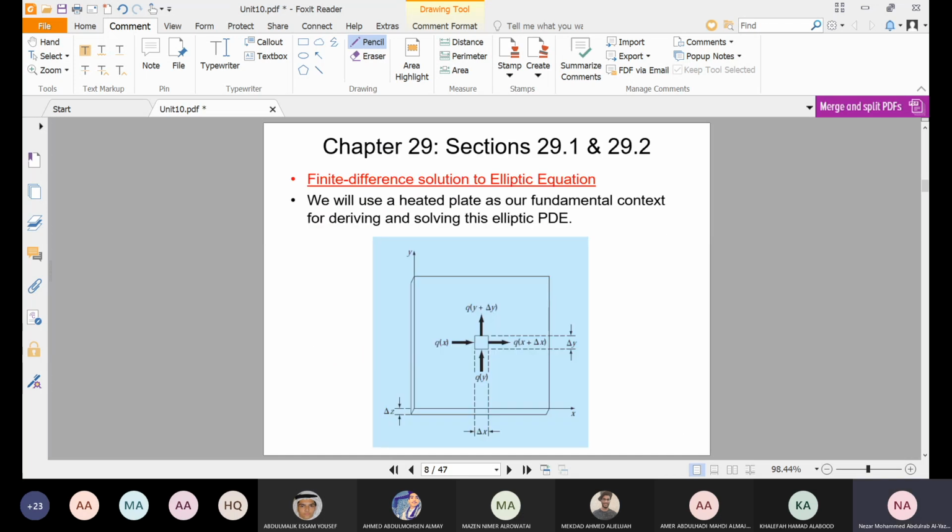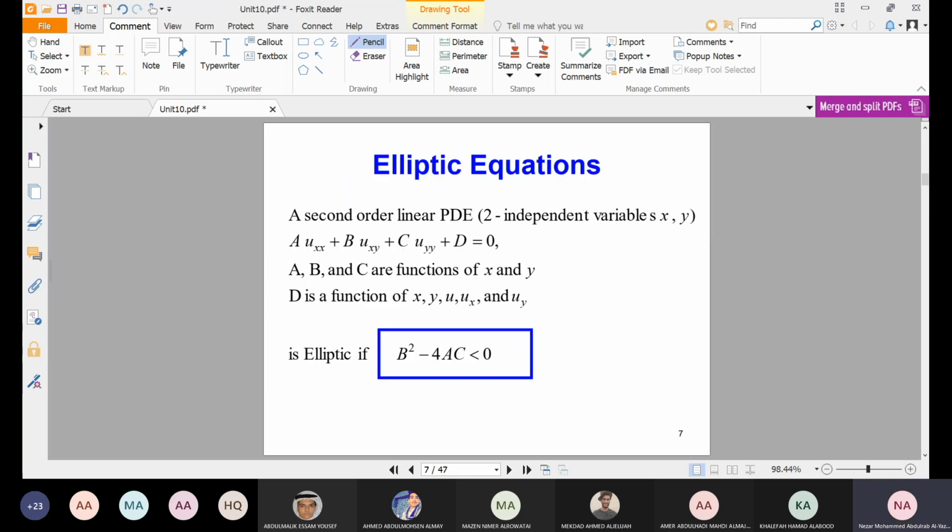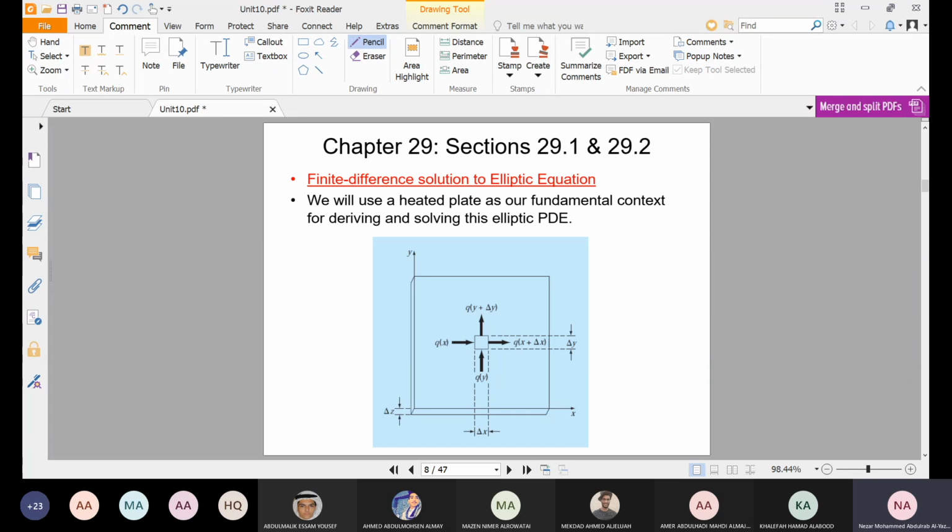So after that we take an example using the elliptic equation, the Laplace equation, and we talk about how we solve this heat transfer problem by using the finite difference solution to the elliptic equation. And we take the grid here to represent the heat plate. If we have any node, our interest is to compute the temperature at any node.